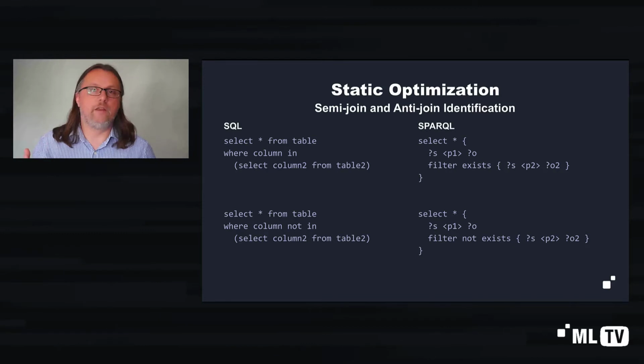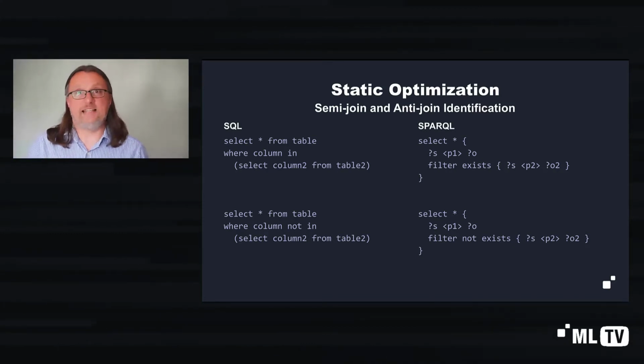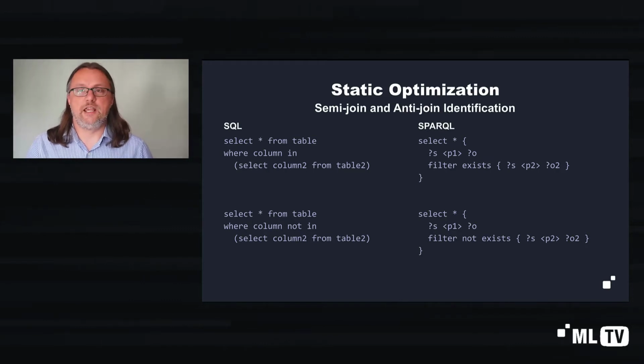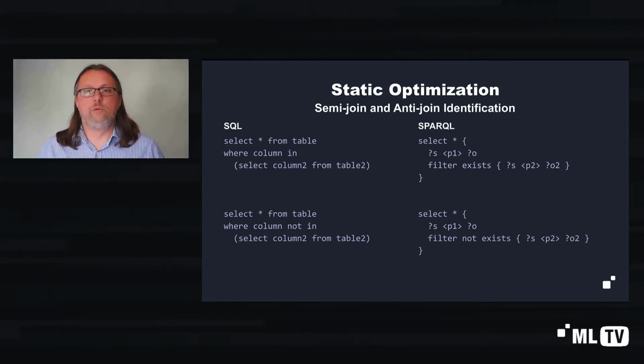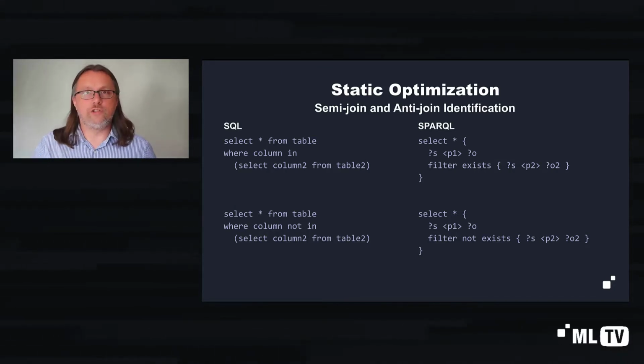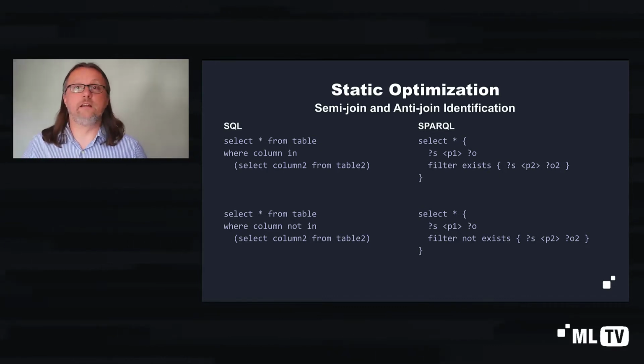There's two other optimizations we do due to the syntaxes that SQL and Sparkle use for semi-join and anti-join. Now, semi-join in this case is an in with a subselect, or a filter exists in Sparkle, and an anti-join is not in with a subselect in SQL, or a not exists in Sparkle.